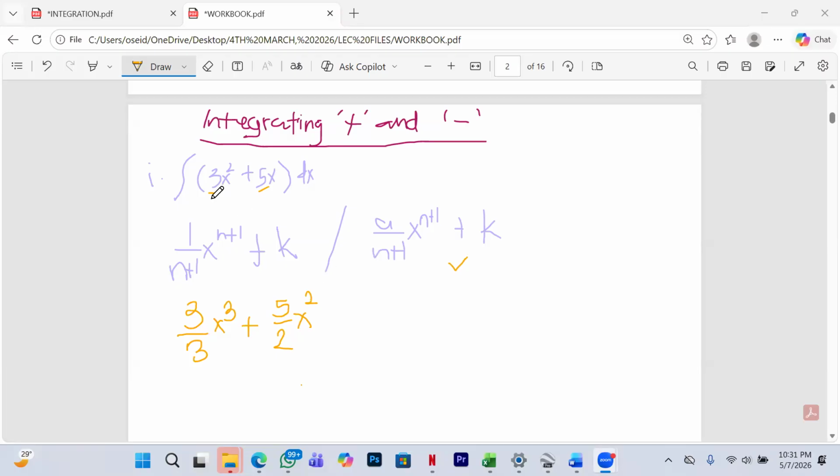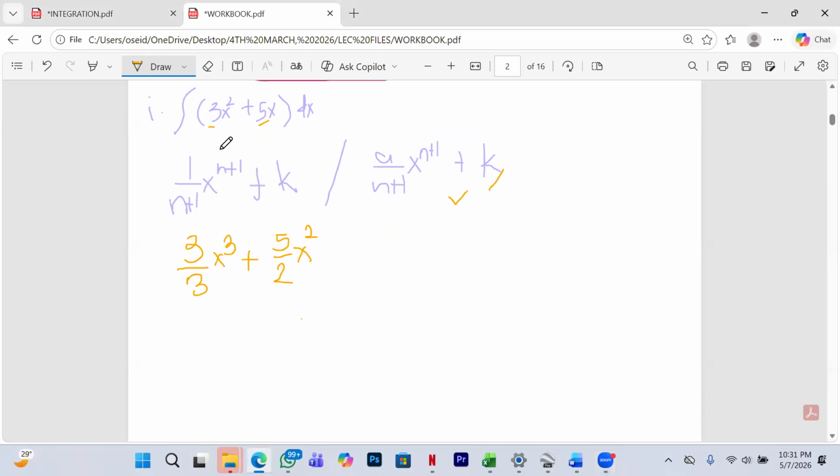So looking at this example, fortunate enough, we have two terms, and each term has a power and each term has a coefficient.